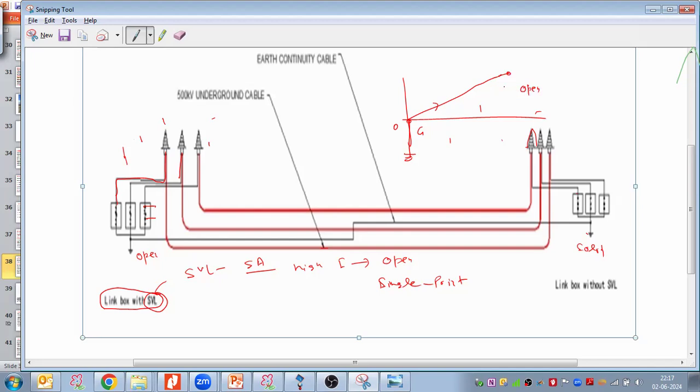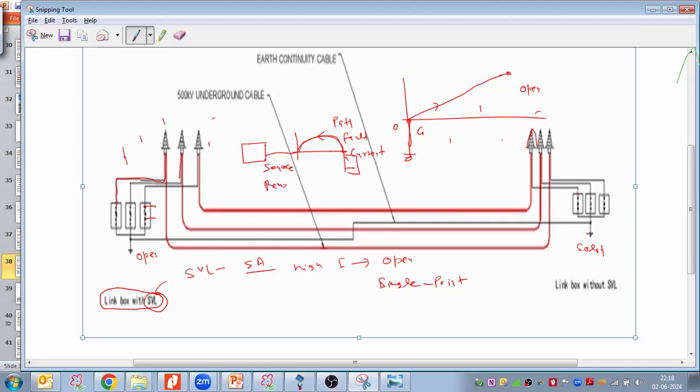When any fault happens, there is a very big advantage of the solid bonded system. The solid bonded system also provides a path for the fault current. Suppose a fault happens here, a portion of the fault current splits and goes back towards the source, or towards the other remote earth.